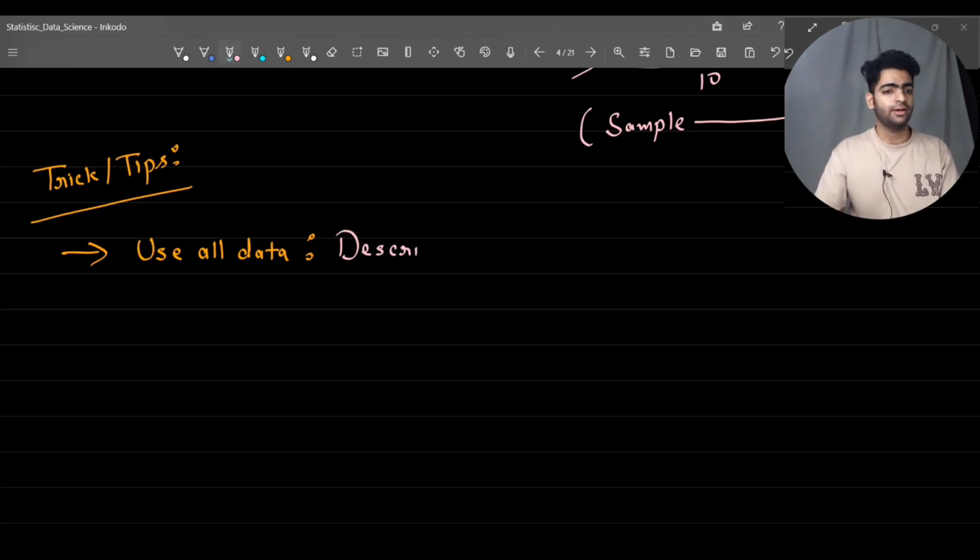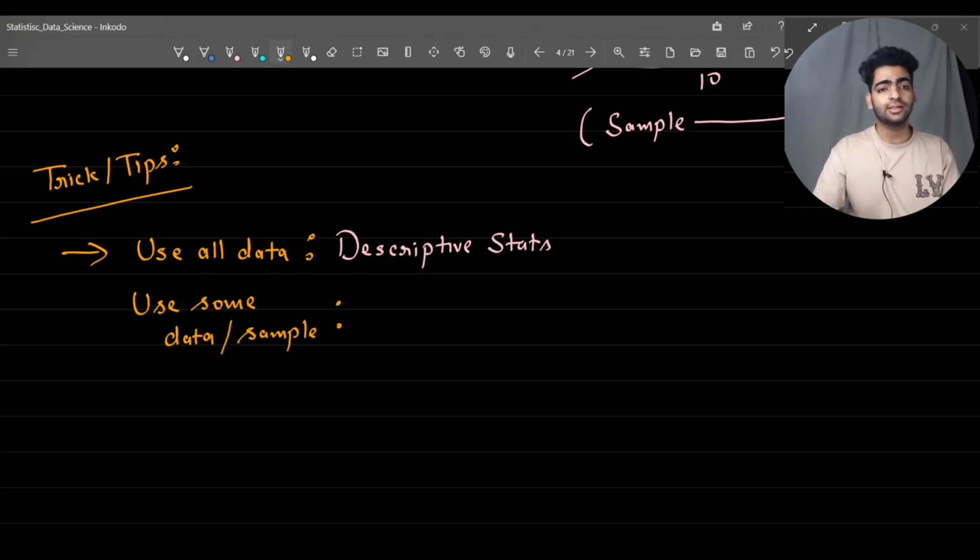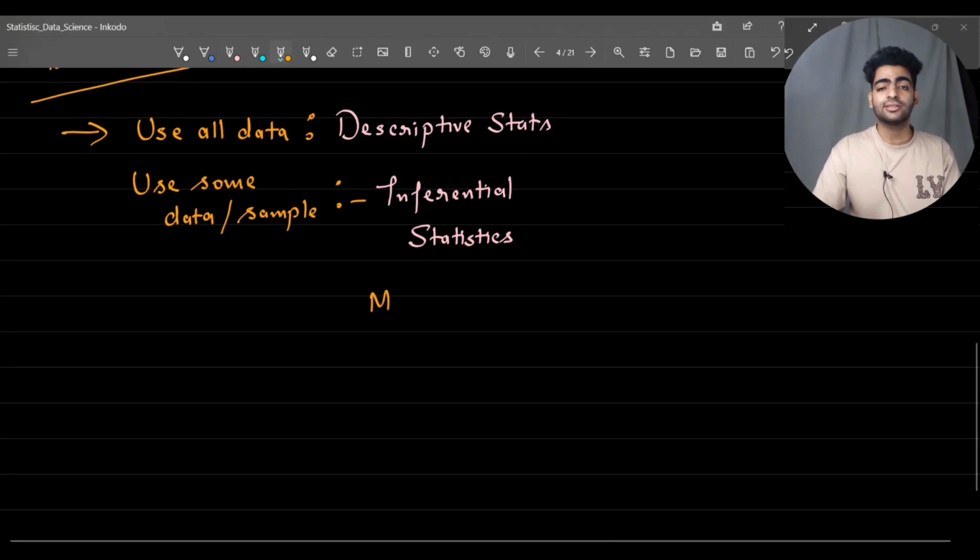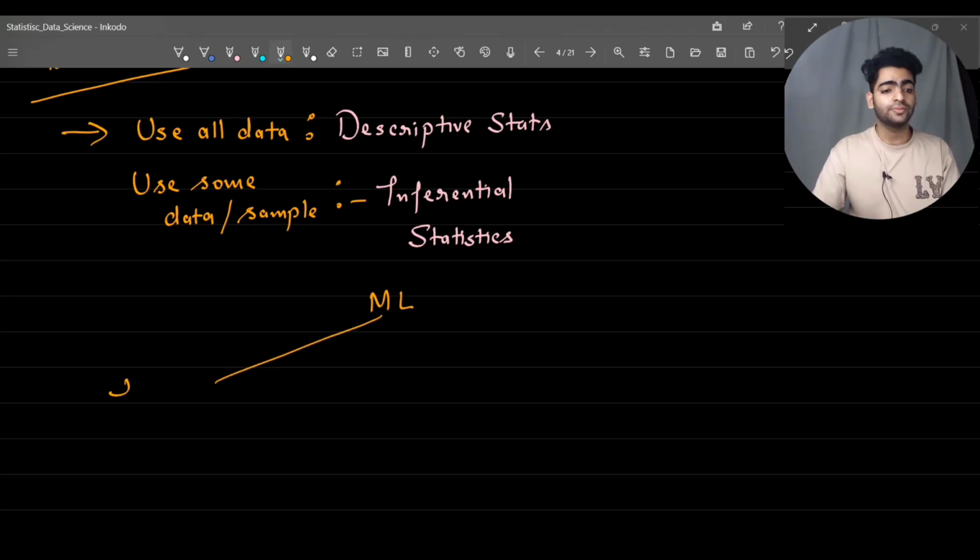But when you use a sample of data to make estimations about your whole population, that's where you use inferential statistics. Even machine learning uses inferential statistics under the hood.